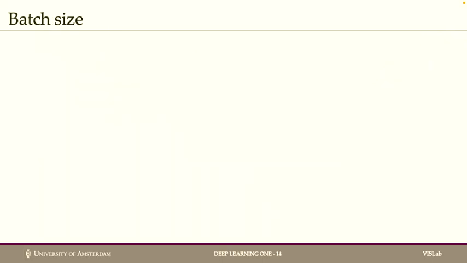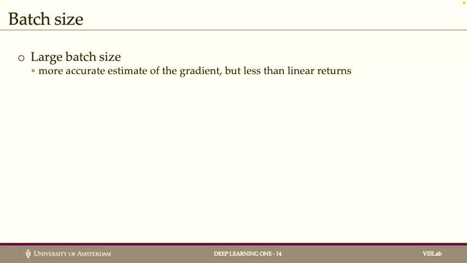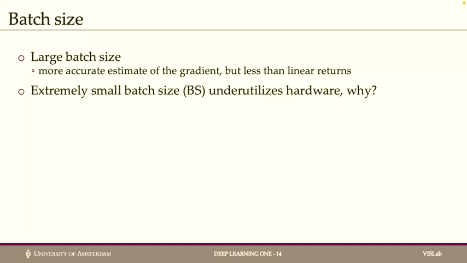Right, about the batch size now. A large batch size gives you a more accurate estimate of the gradient, but as we saw with the standard error, it has less than linear returns in terms of how good the approximation is. An extremely small batch size underutilizes the hardware. Why?